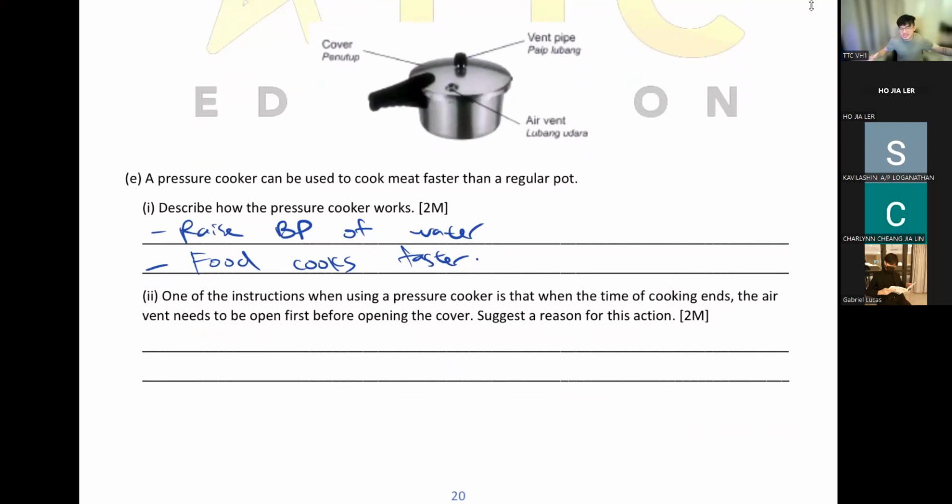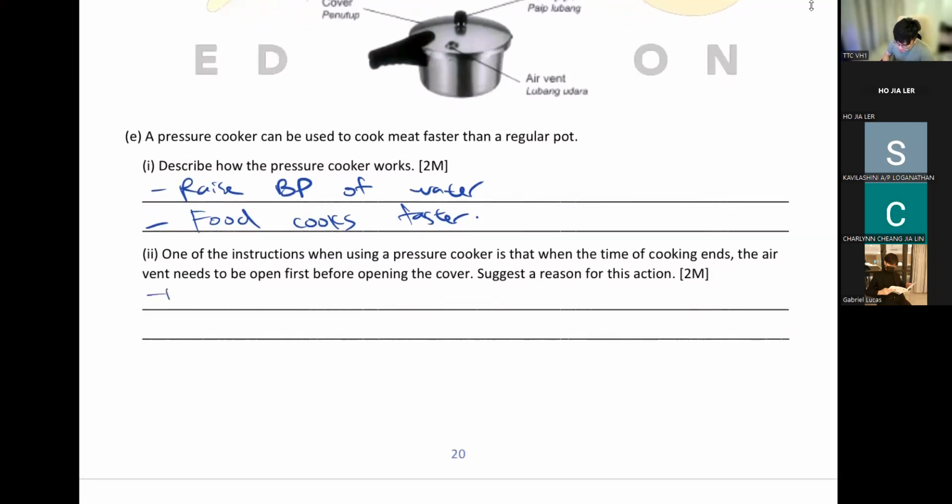Okay, so next, question 2. One of the instructions when using the pressure cooker is that when the time of cooking ends, the air vent needs to be opened first before opening the cover. Suggest a reason for this action. Like I said, this is to release the pressure in the pot, so that it can be opened safely.